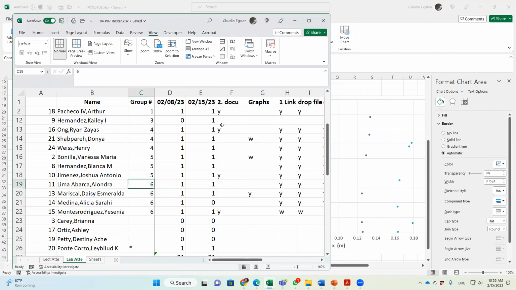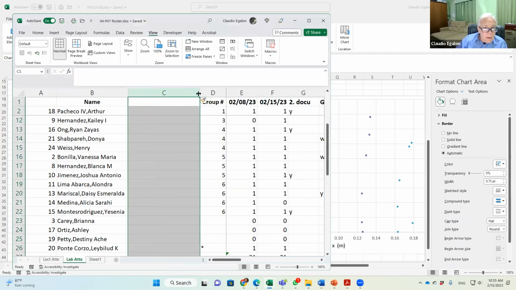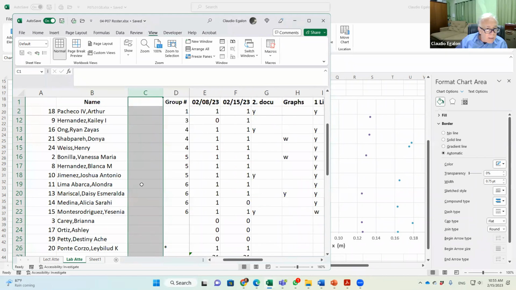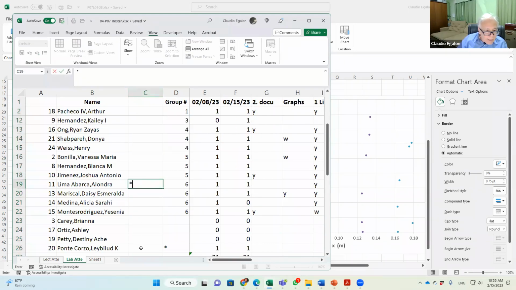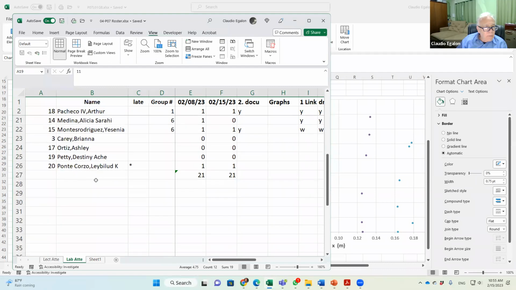I'm sorry. Okay, I'm gonna put a little star here. Late. And Alondra, you are in group 6. Okay, so Leibniz, let's see what we're gonna do here.